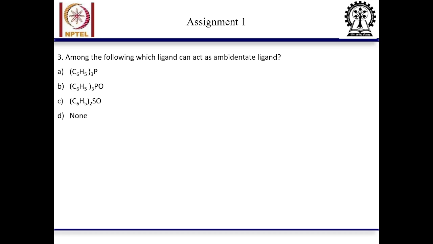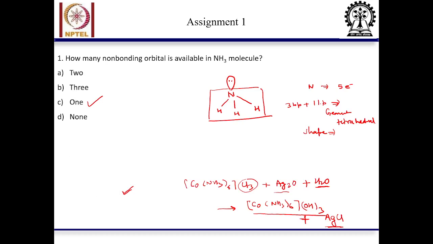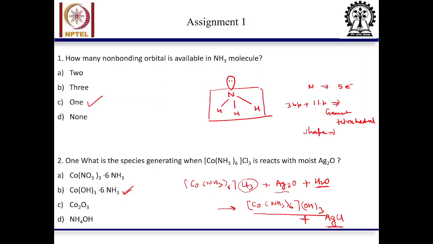Okay, so ma'am is asking, sir, why does the reaction not happen in the inner sphere? Okay, so that's what I told you initially, when I was explaining the Werner theory. He said that this is a simple ionic reaction, an ion exchange reaction.